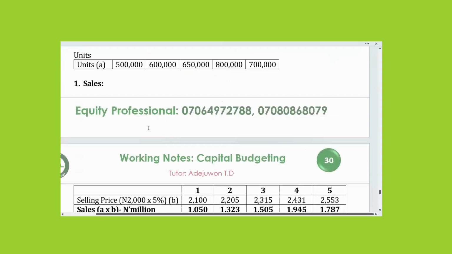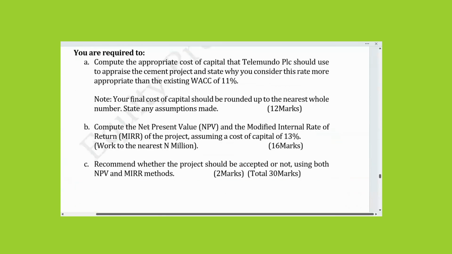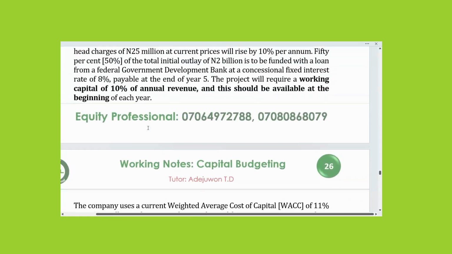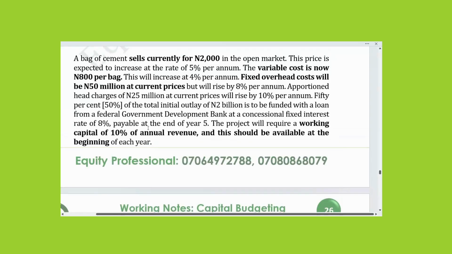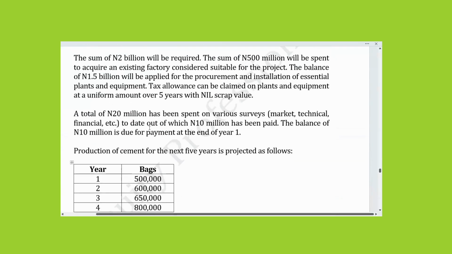I will go back to the question. What's the capital allowance rate given to us? We are told it's on a straight line basis. We are not given the rates.